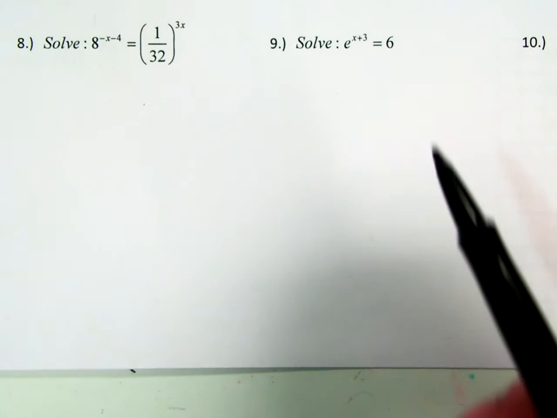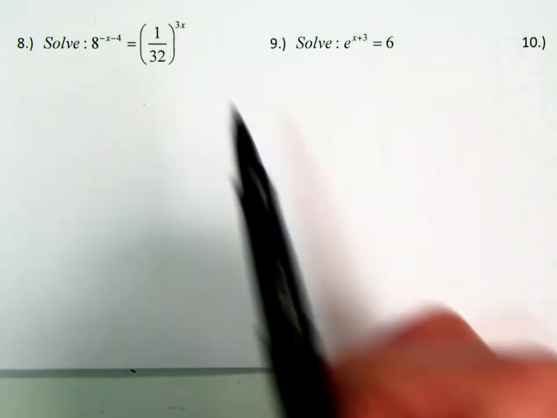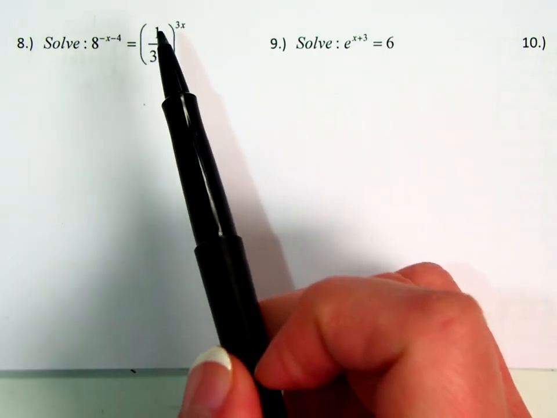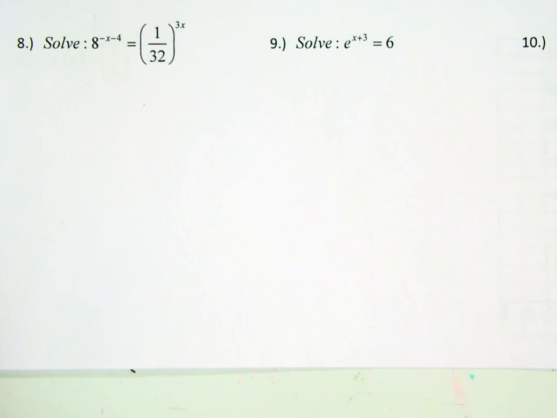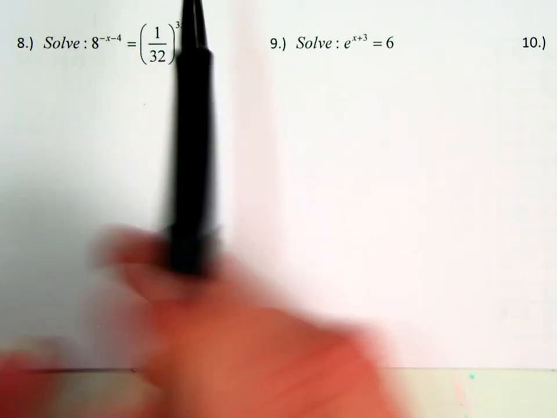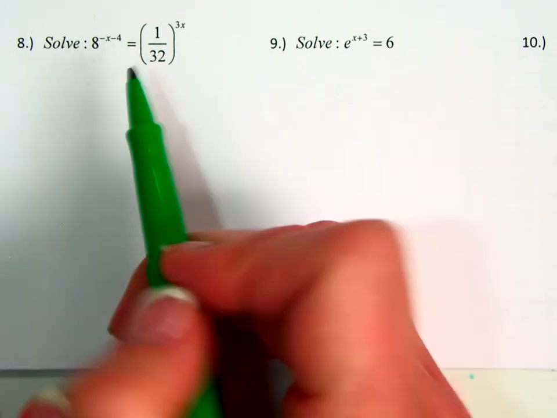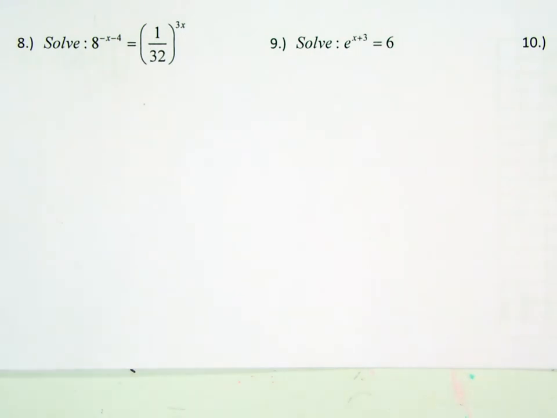If we've got exponents on both sides that have variables in them, we cannot just change this to log format because there's too many exponents here. So as soon as I see that there's exponents on both sides, I know that I'm going to have to make my bases the same. If I can make my bases the same, then we can set the exponents equal.